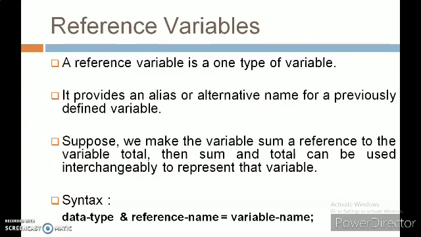Let's see the syntax first and then we will see the program. What is the syntax to declare a reference variable? First you need to write data type, then ampersand symbol, and then name of the reference variable. Then it is equal to variable name. Here variable name will be the variable whose alias needs to be created.